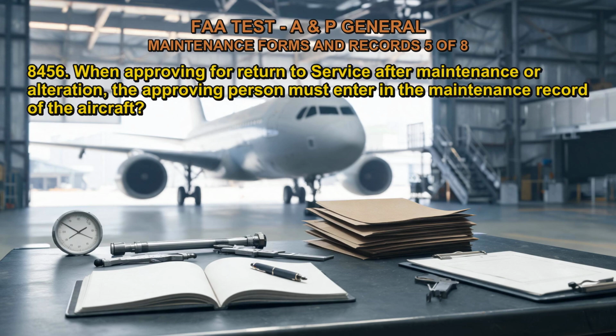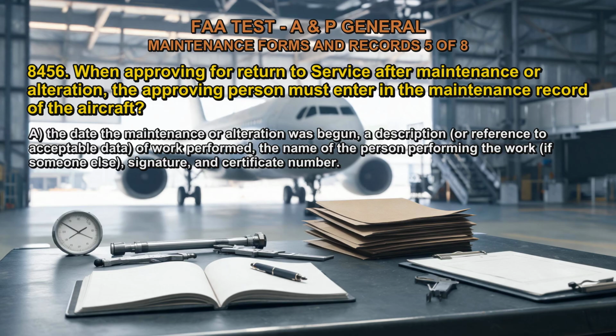8456. When approving for return to service after maintenance or alteration, the approving person must enter in the maintenance record of the aircraft: A. The date the maintenance or alteration was begun, a description or reference to acceptable data of work performed, the name of the person performing the work, if someone else, signature, and certificate number.